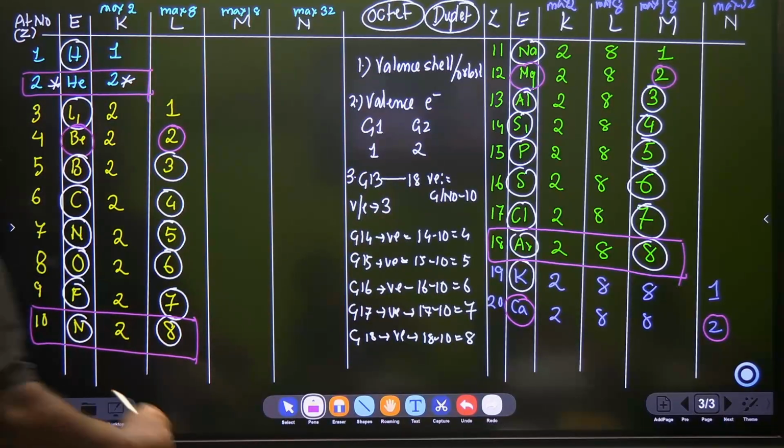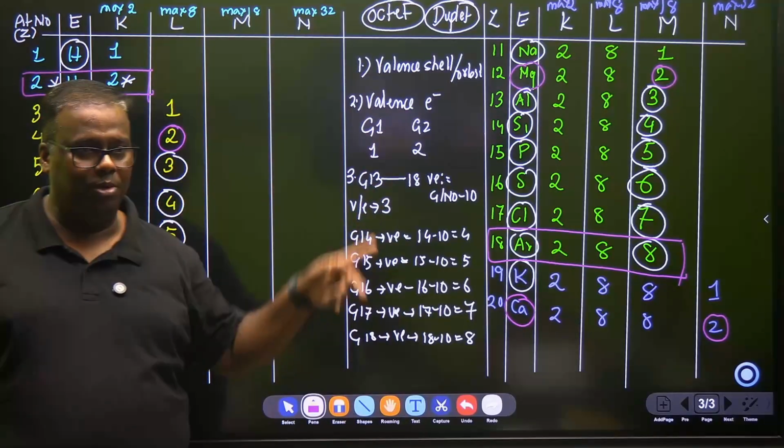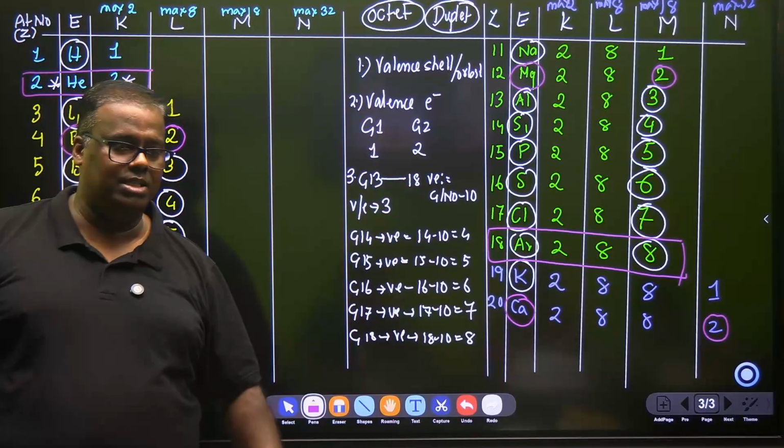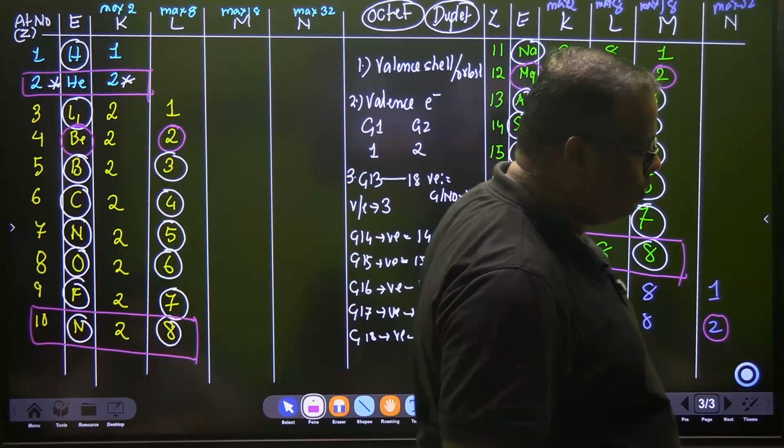And then you make a fang. You know, fang is something like this. See, 2 arrows open up after your statements. Inert gases have their valence shell completely filled, and you open up 2 arrows.